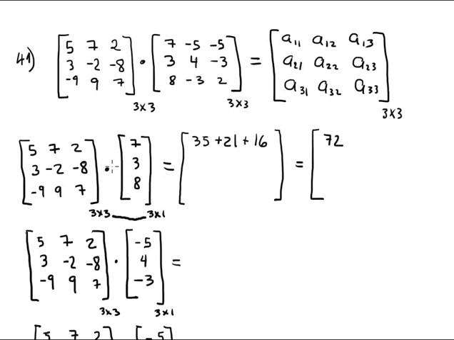Now let's multiply the second row. It is 3 times 7, 21, negative 6, negative 64, and the answer is negative 49.